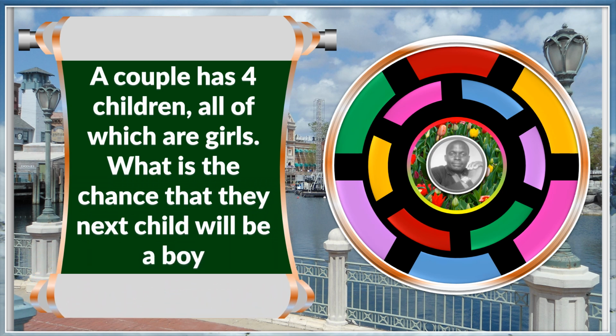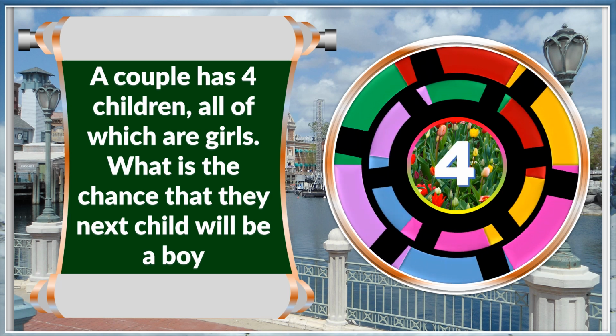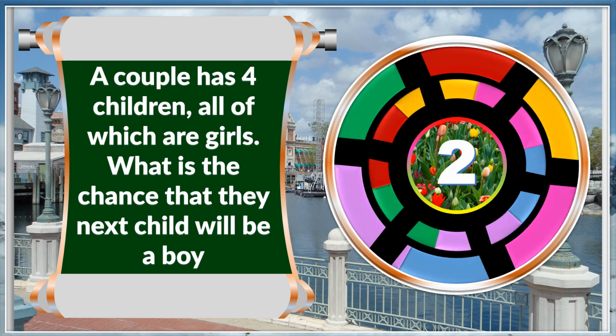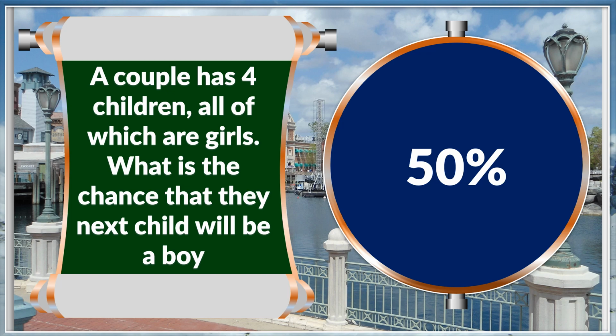A couple has 4 children, all of which are girls. What is the chance that their next child will be a boy? 50%.